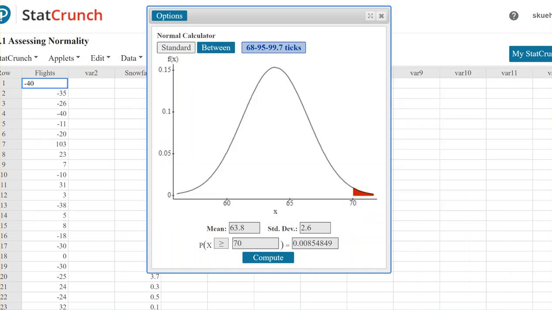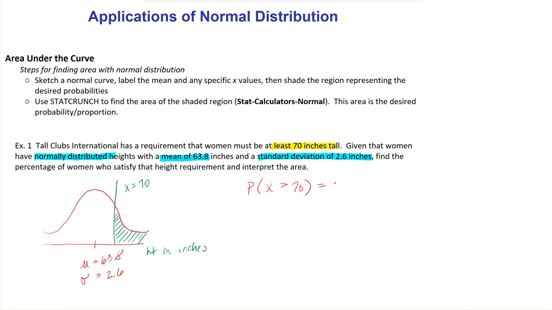So the probability that a person meets this requirement is 0.009. So the probability that a randomly selected woman will meet this criteria is 0.009. The percentage of women who satisfy this height requirement is less than 1%.